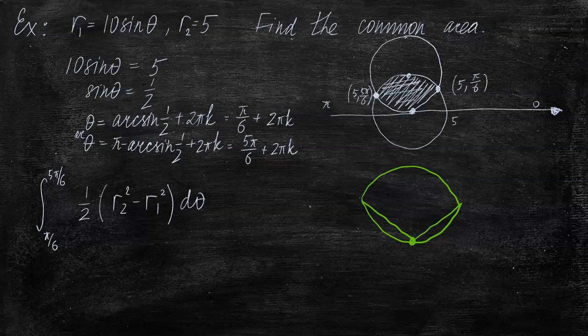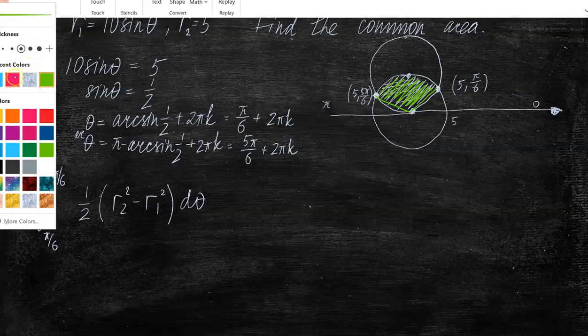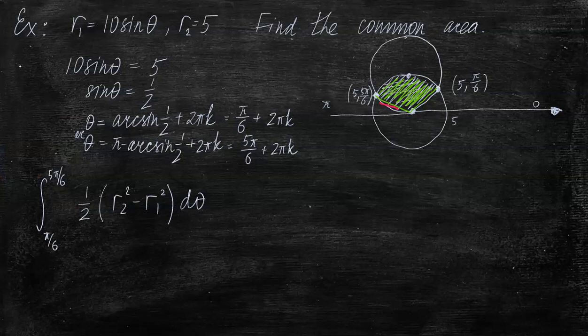I think what I'm thinking is correct here. So this integral will only tell us the area of this green region right there. So you're totally going to miss out on this red region if this is all you're going to do. So this part of the circle will not be computed by this integral.